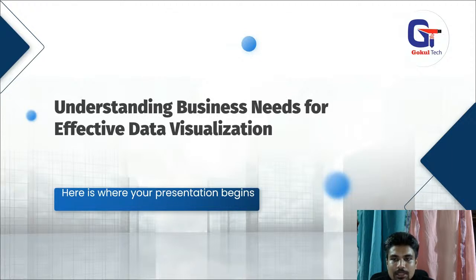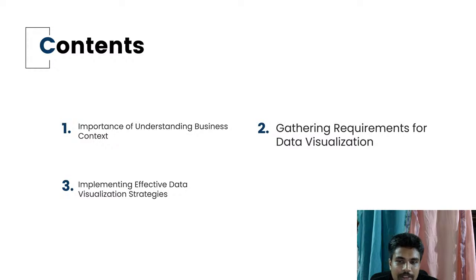It says understanding business needs for effective data visualization. So yes, that's my second topic, today's topic, a very key step. We have categorized it into three different parts: importance of understanding the business context, gathering requirements for data visualization, and implementing effective data visualization strategies.